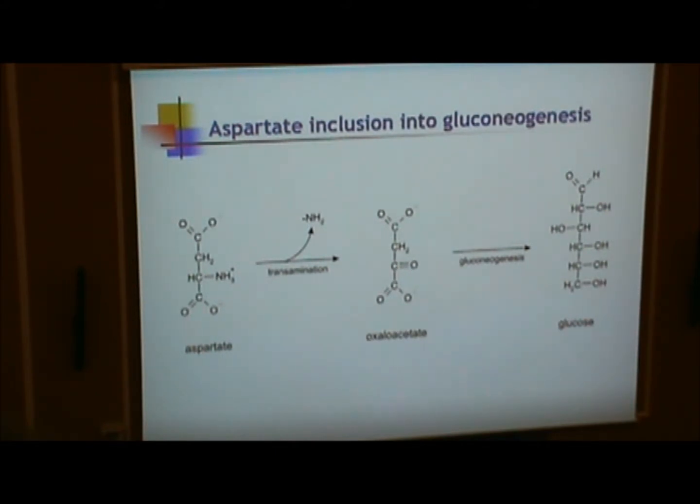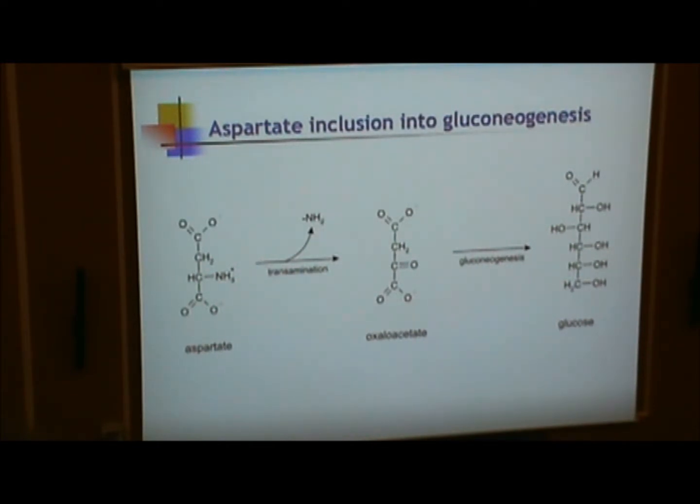They are called glucogenic amino acids. Some of them are converted into ketone bodies. They are called ketogenic amino acids. Some of them are converted both into glucose and into ketone bodies. They are called glucoketogenic amino acids.